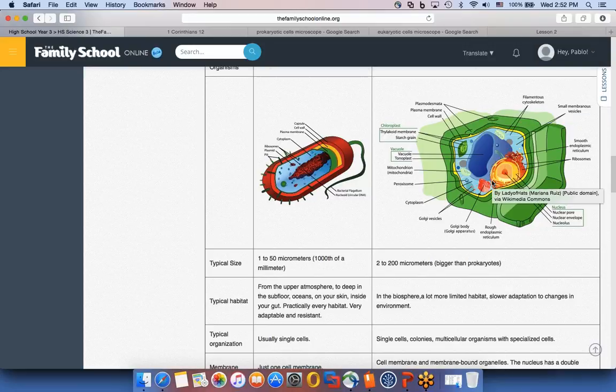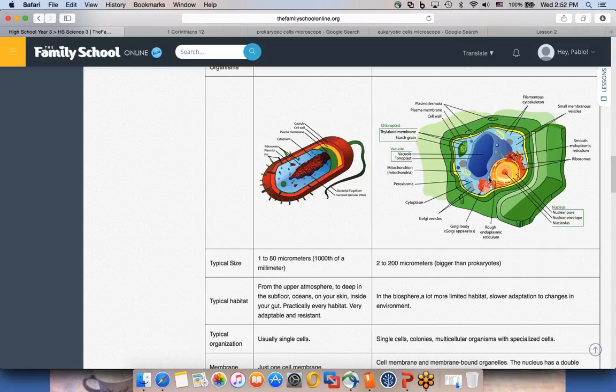How about the size, Jen? The eukaryote is bigger than the prokaryote. The prokaryote is, wow, really small. It's 1 to 50 micrometers, and the eukaryote is 2 to 200 micrometers.